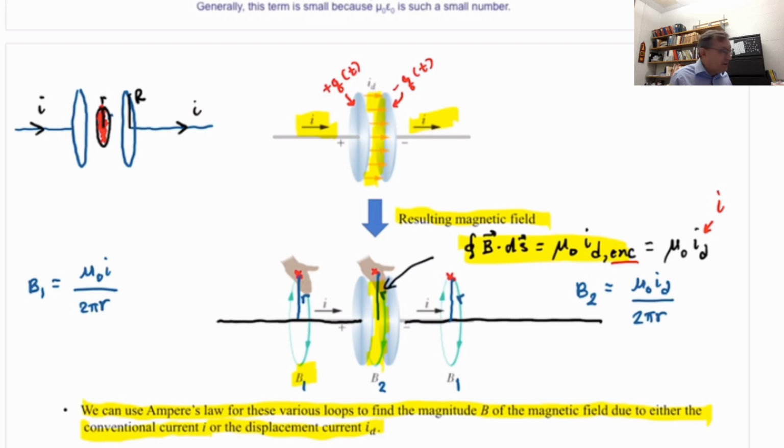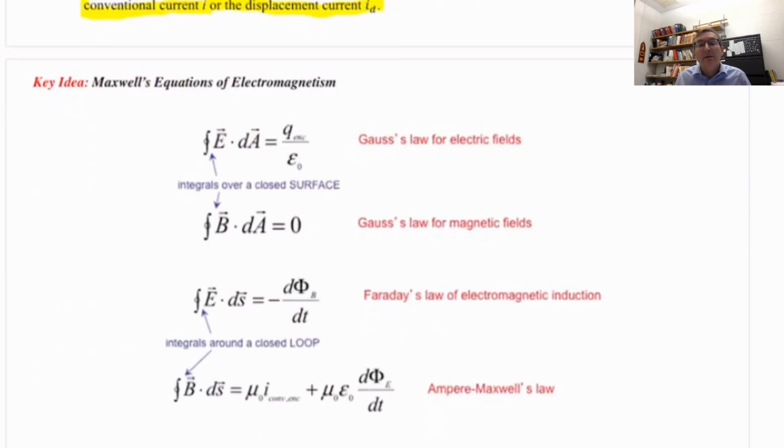All right, so what I'm going to leave you with in this video is now a statement that really represents some very profound physics. It is the four main equations that describe the behavior of electric and magnetic fields. And as far as we know, there are no exceptions to these results. They are grouped together collectively and called Maxwell's equations of electromagnetism, even though a lot of people were involved.